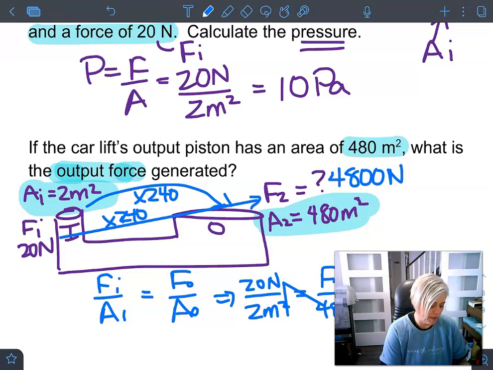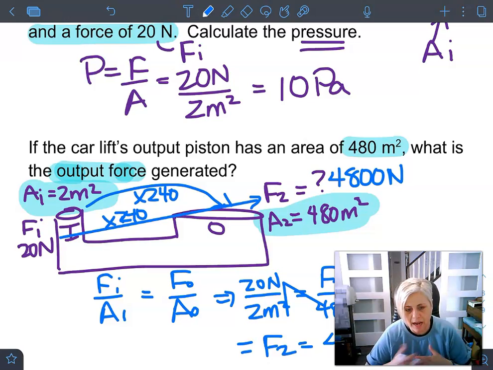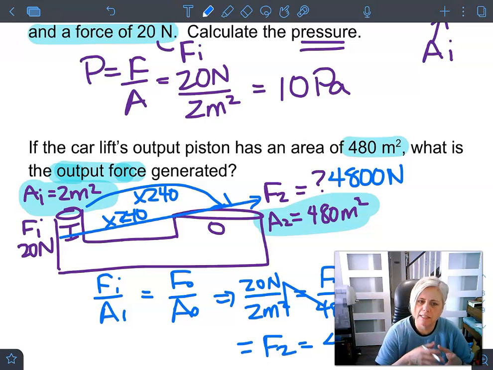In our calculator, we go 480 times 20 gives us 9,600, divided by 2. That also comes out to 4,800. So the force and the area have to increase by exactly the same amount in order for their pressures to come out equal.